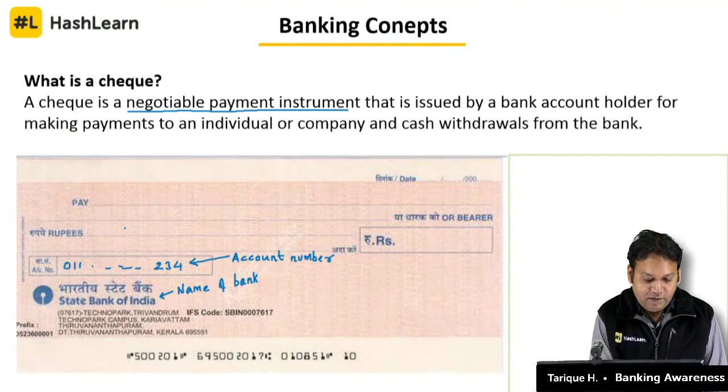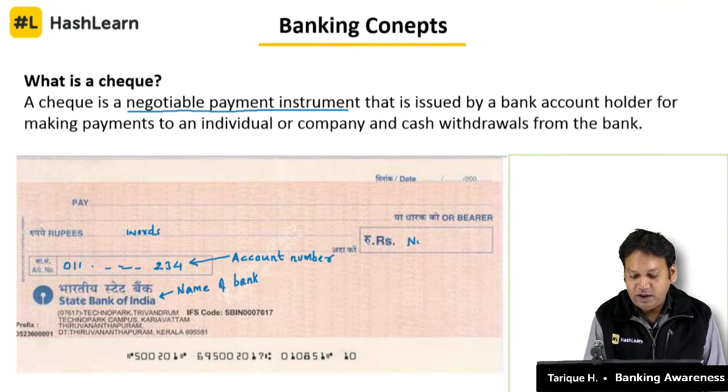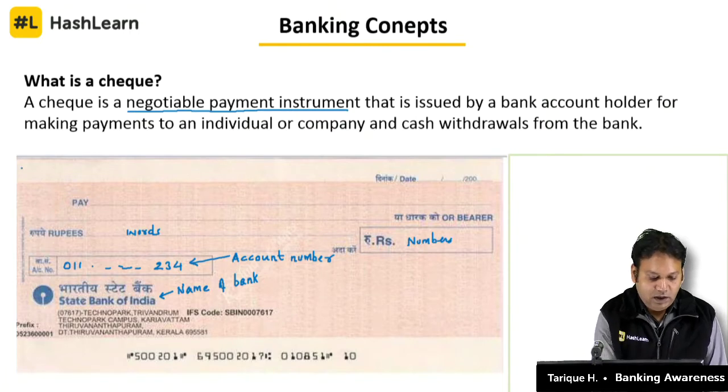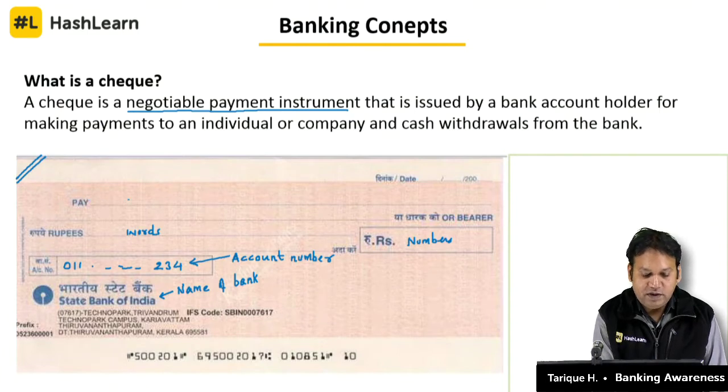Now here we have the value in rupees in words, and here the value of the amount in numbers. If you want to issue a crossed check, you can cross it here. This is the name of the receiver, the payee.